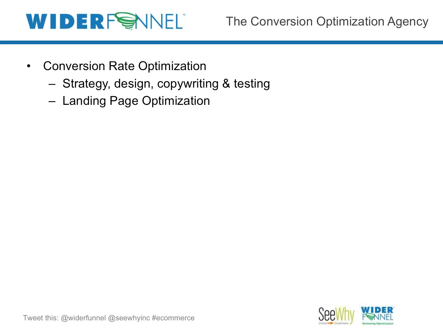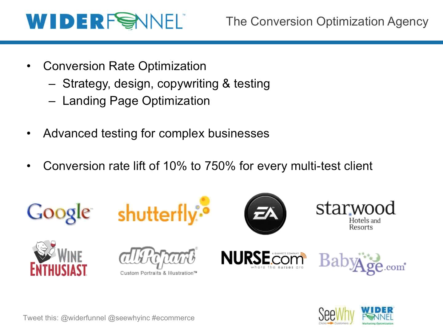Landing page optimization is a part of that as well. We specialize in advanced testing for complex businesses and high traffic companies. All of our clients so far have had conversion rate lift of between 10 to 750% for every multi-test and retainer client, and worked on all kinds of industries, from B2B, B2C, lead gen, e-commerce, affiliates, you name it. We've figured out processes and frameworks to increase their conversion rates, and I'll talk about that a little bit today.